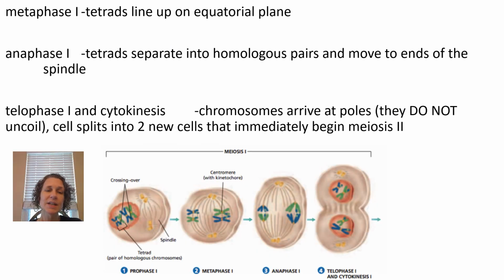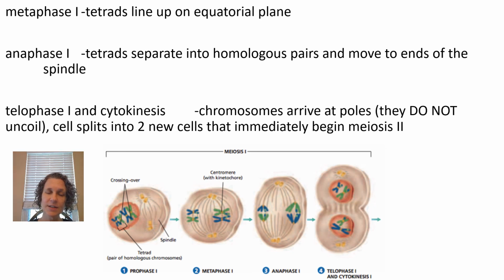Okay, so then metaphase 1, the tetrads line up. And so this picture down at the bottom has the tetrads, and it points out crossing over potentially. And then you have the metaphase, so the chromosomes are lined up. The tetrads, the pairs of X's, are lined up in the middle of the cell.